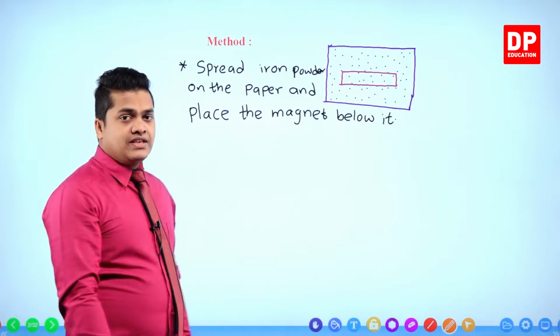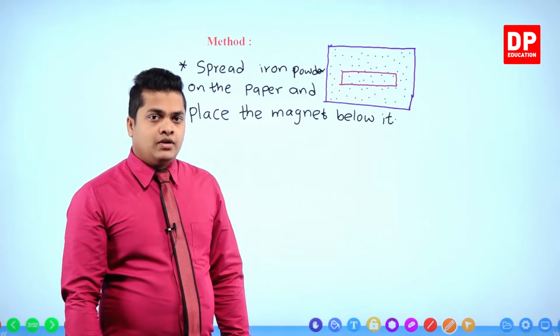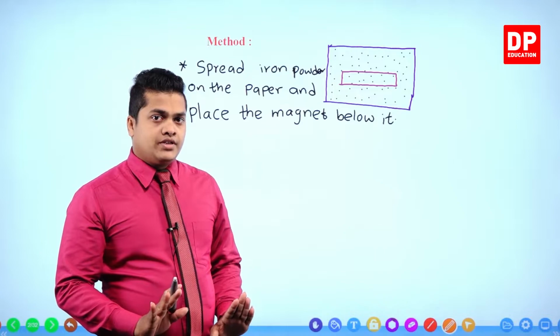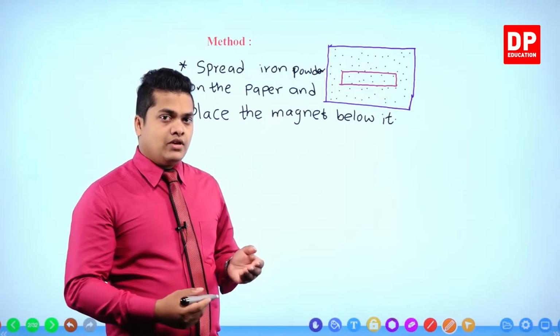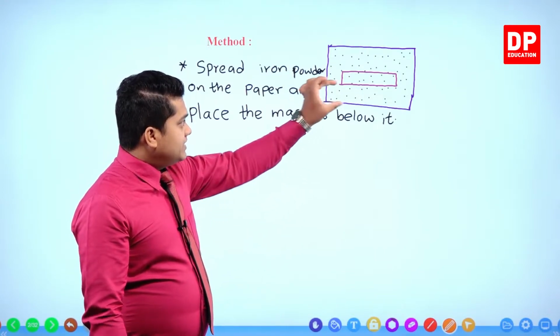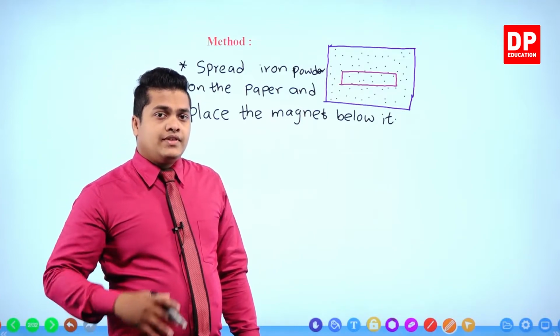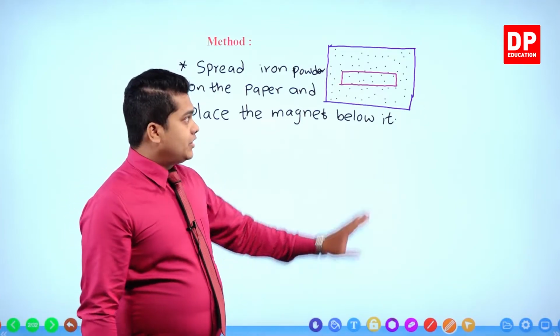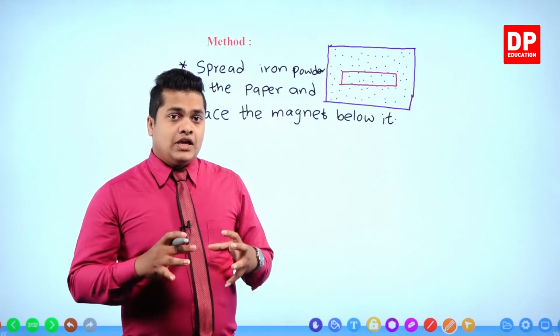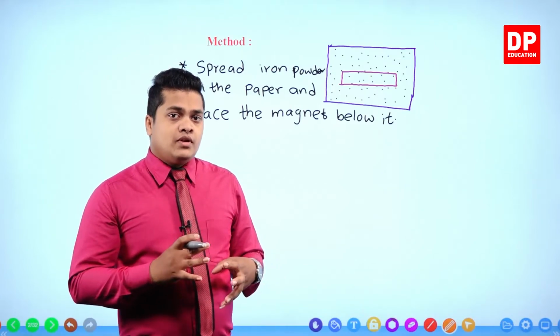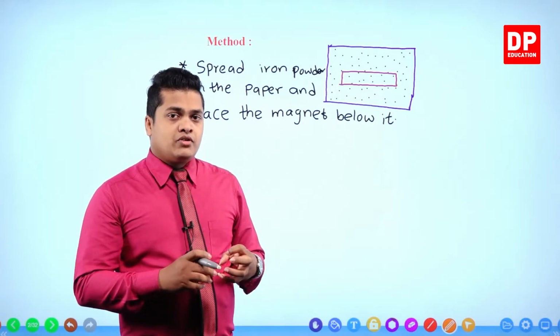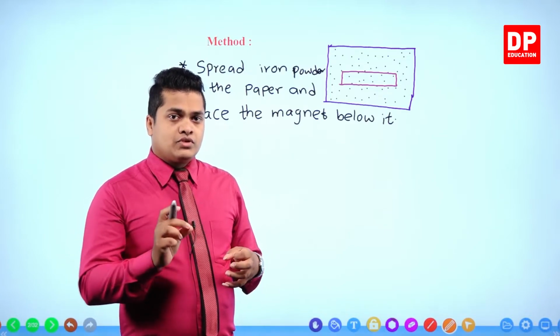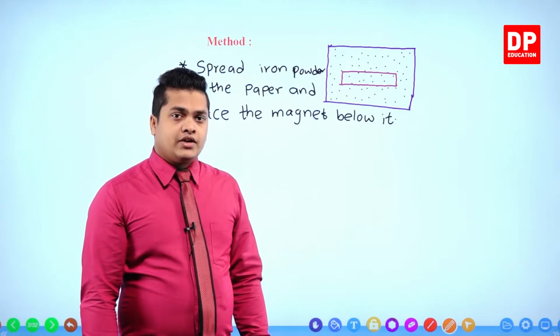Remember, my dear children, you have to place the magnet from below, not from the top. If you place it on top, the iron powder would get attracted to the magnet and it is really hard to remove the iron powder when it is attracted to a magnet.